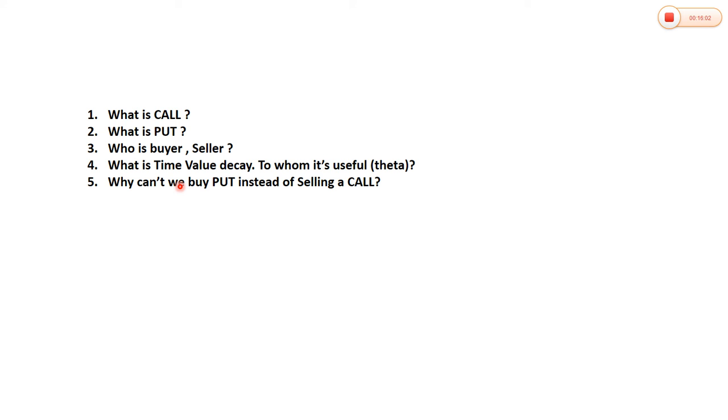But the reason sellers prefer to sell the call itself is because, for example, there is a call costing around 40 rupees and a put costing around 50 rupees. When the market goes against him, the put, whatever it was around 50 rupees, becomes at most 60 or 70, but the call that was bought for 50 rupees becomes 10 rupees.